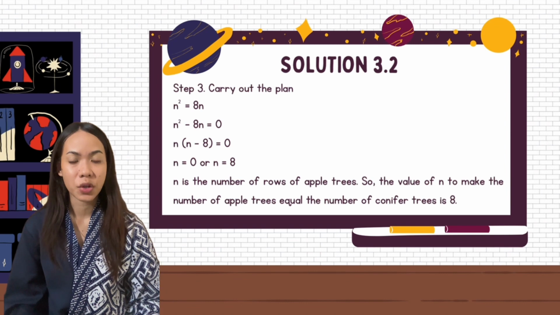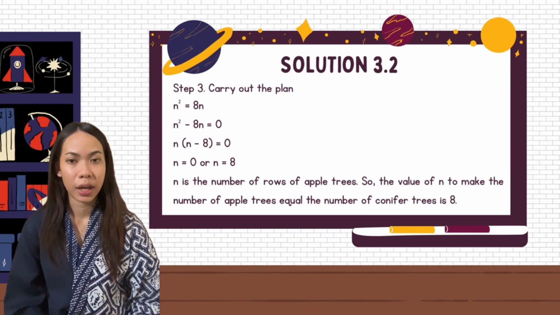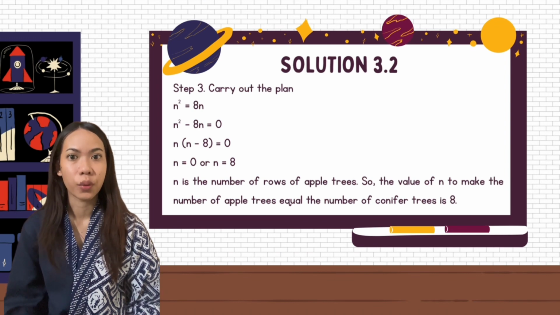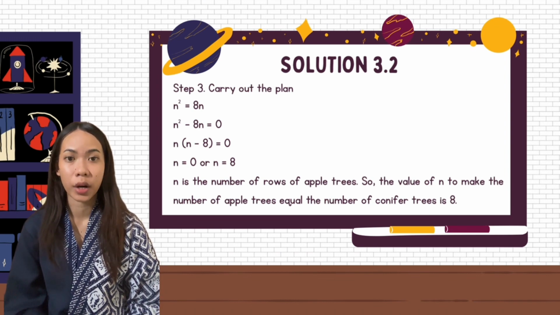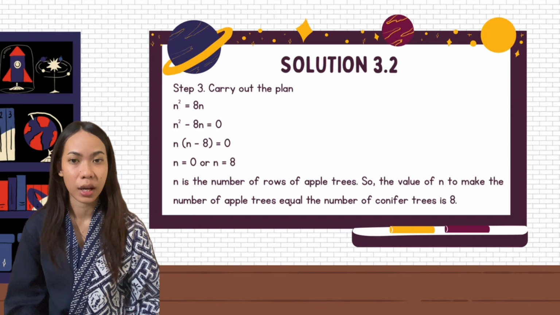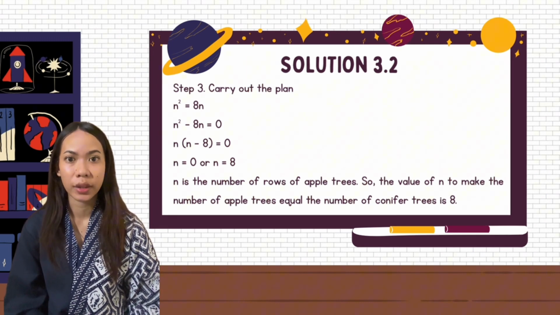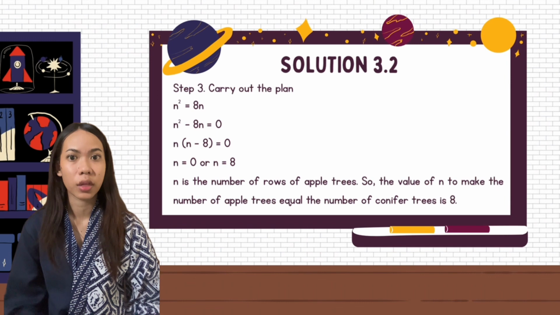And then subtract 8 times n from both sides. So n squared minus 8 times n equals 0. Because both terms have n, we can factor out n: n times (n minus 8) equals 0, and then we get n equal to 0 or n equal to 8. But remember, n is the number of rows of apple trees and 0 is not a number of rows of apple trees.